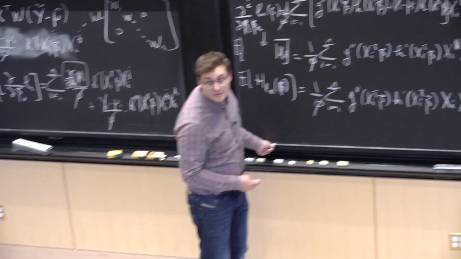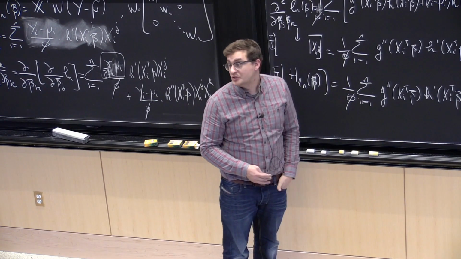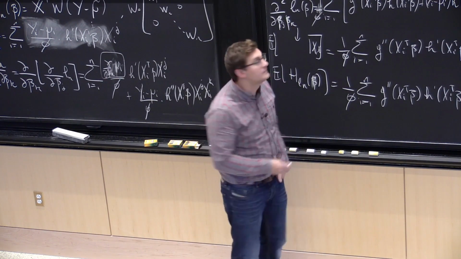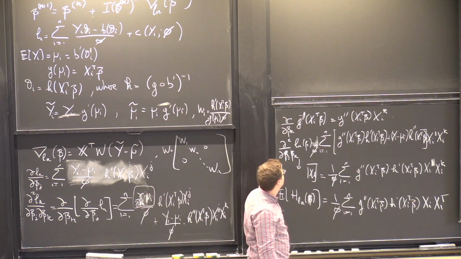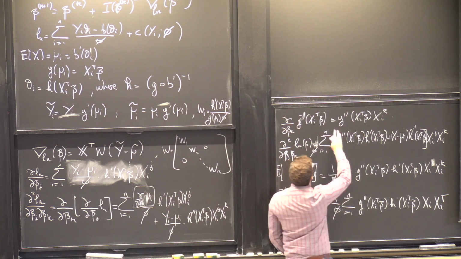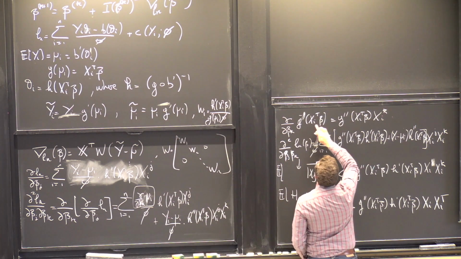Mu is not g prime of x beta. Mu is g inverse of x beta, right? So the derivative of g inverse is not g prime prime.